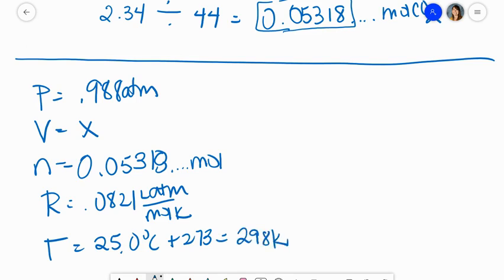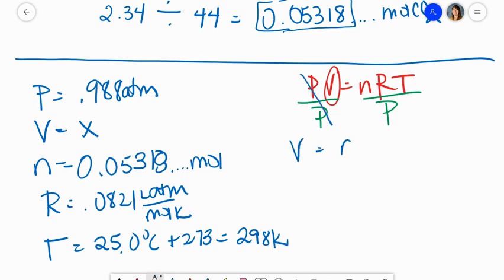So when I go to set this up, again, same thing like I did before, PV equals nRT. It's important I'm solving for the correct variable and that I show my work. So volume is my unknown. I'm going to divide through by pressure so that I have volume by itself. Pressure cancels.